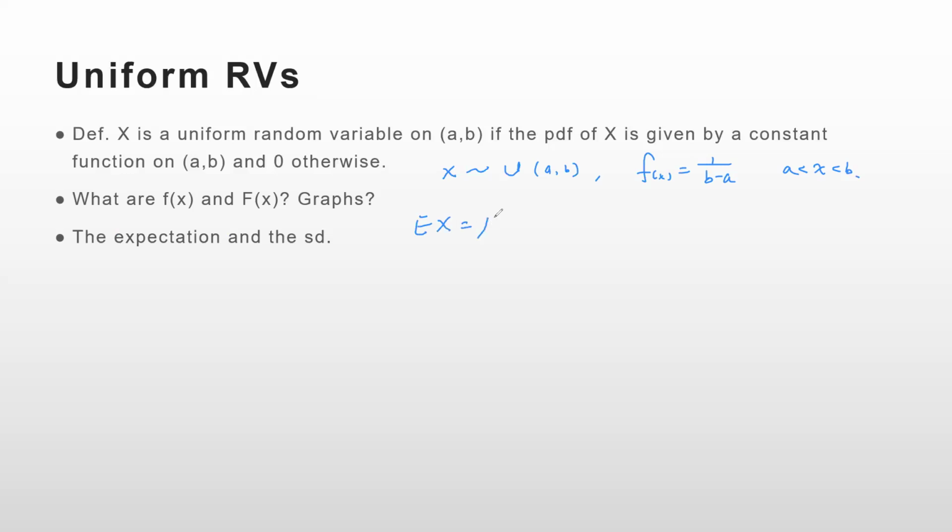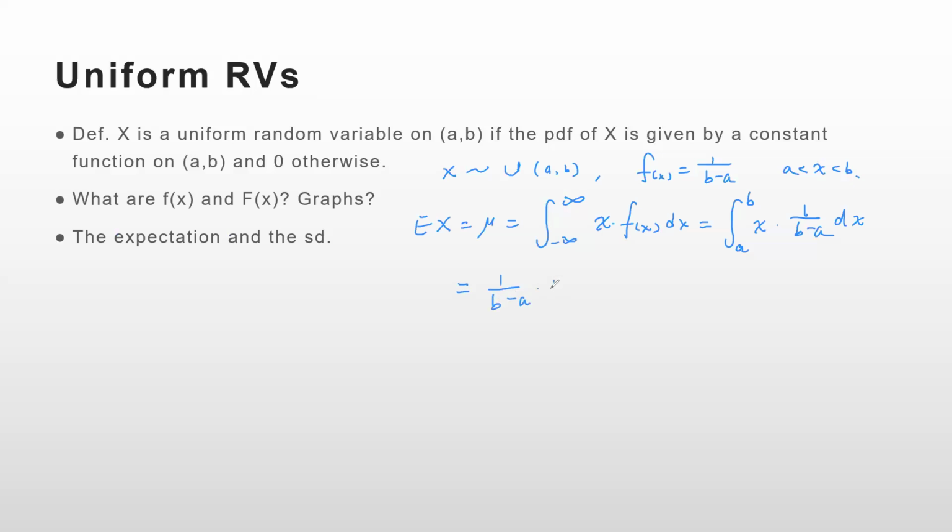Expectation, which is mu, is defined to be the integral from negative infinity to infinity of x times f(x) dx. And then you plug in 1 over (b minus a), so I'm going to change the lower limit to a and the upper limit to b.